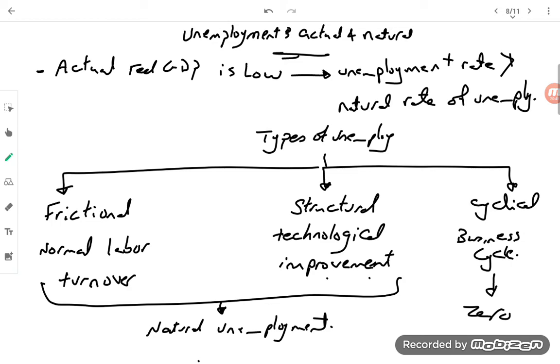So returning back to the relationship between actual real GDP and the natural and actual unemployment rate. When actual real GDP is low, which means that there is a recession in the economy, so there is cyclical unemployment. So in this case, unemployment rate will be greater than the natural rate of unemployment. And vice versa, if actual real GDP is high, this means that unemployment rate falls below the natural rate of unemployment.